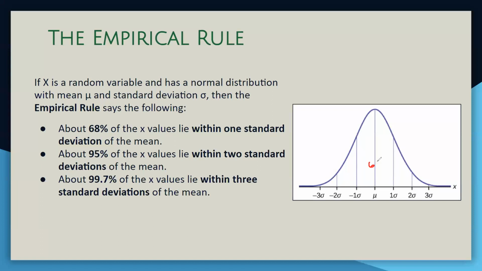So let's label that. 68% of values are in this region here. If I were to shade between those 2 lines, there's a 68% chance that a randomly selected person from the sample would fall in that area. Fall between -1 sigma and +1 sigma.